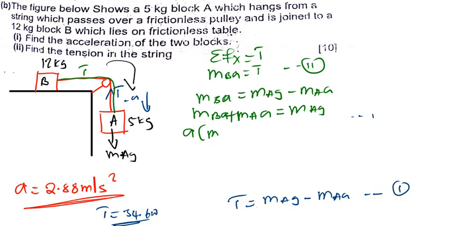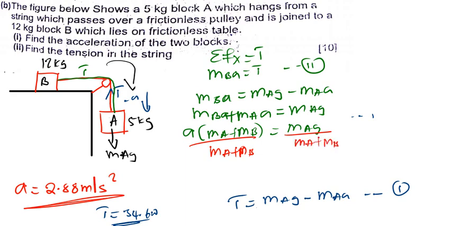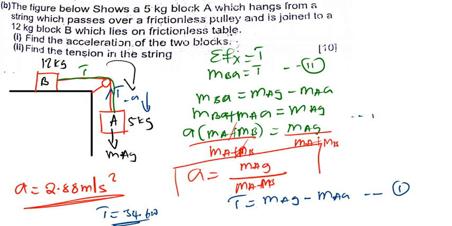It's the same even if I start with ma plus mb, because plus is commutative. Then divide both sides by ma plus mb, so these will cancel out. A will be equal to mag divided by ma plus mb. And if you remember, this is the same formula which I gave you when finding this answer.